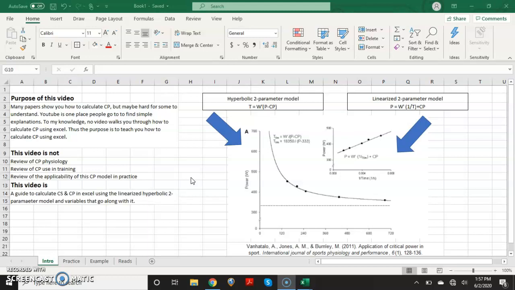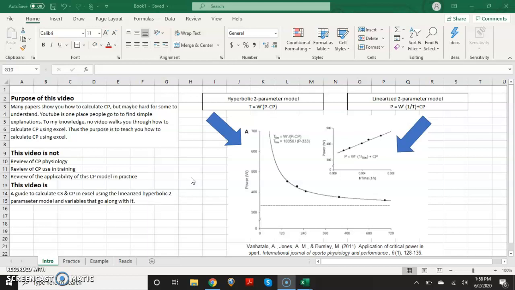The purpose of this video, and the reason I did this video, was that when I first got into understanding critical power, I read many papers on the topic, and some of them show you how to calculate it, and some of them don't. They kind of skip over how to calculate it. So I feel like people can read peer-reviewed papers, however, it might be hard for them to understand.